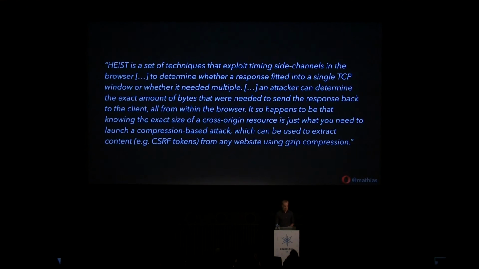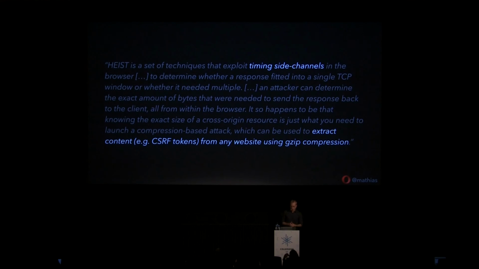Heist is a set of techniques that exploit timing side channels in the browser, and they're capable of extracting content like secure tokens from any website that uses gzip compression, which is essentially every website ever that takes itself seriously. And I would like to highlight that the main thing that made this whole Heist attack possible is timing side channels. They're using a combination of different timing attack techniques, all of the techniques that we've discussed today, actually, to pull this off, which is kind of scary.